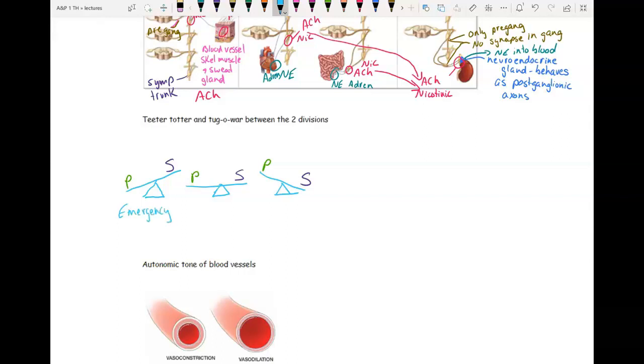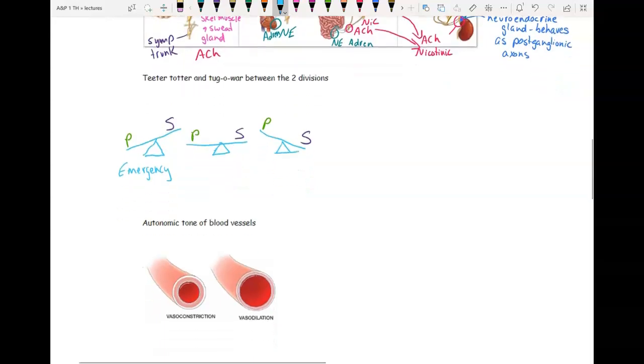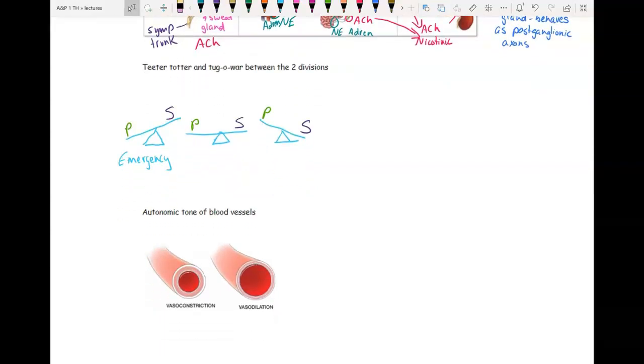You're mostly in sympathetic, but the parasympathetic doesn't go away. It's still there. You can be a balance. You can be somewhere in between, right? Like you're mildly active. This one where parasympathetic is high and sympathetic is turned down low would be like when you're resting. You're sitting on the couch, half asleep, watching an old TV show.